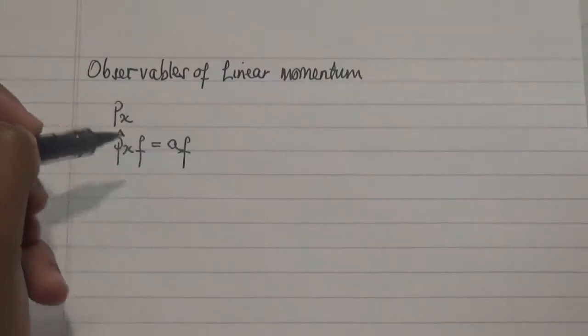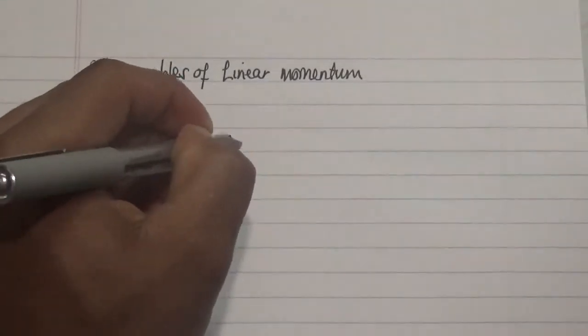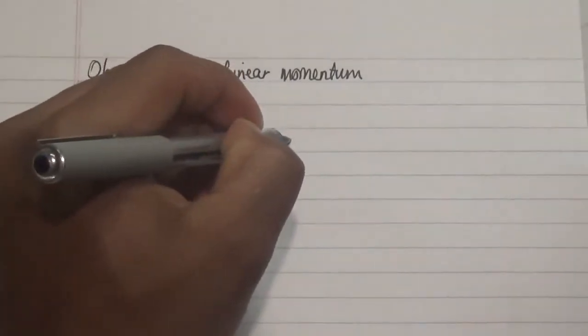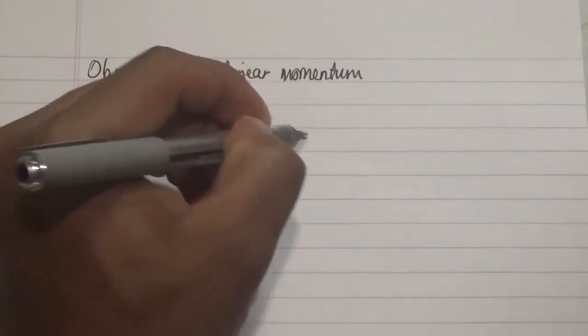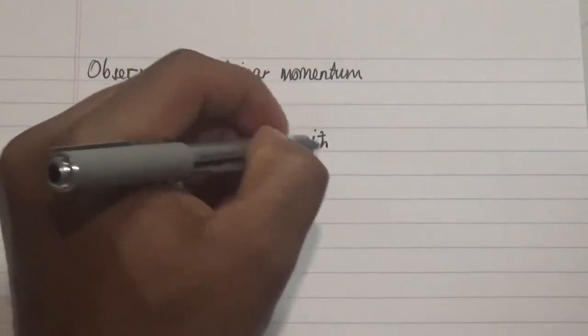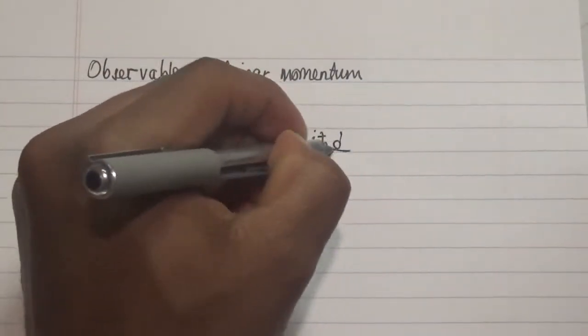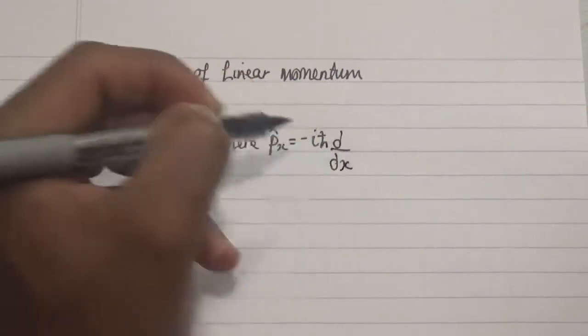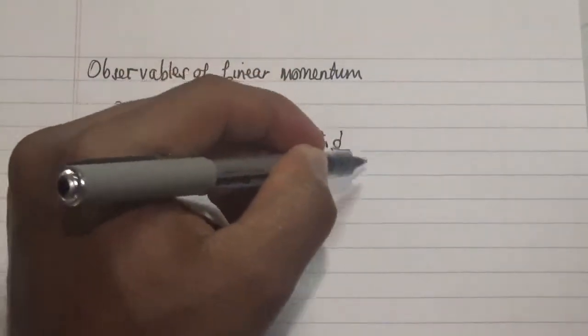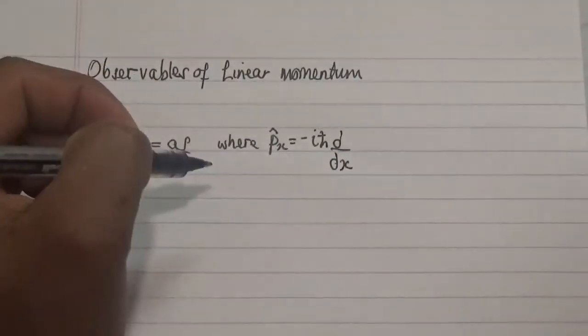That is what we should expect. Now, our operator, the linear momentum in the x coordinate, is equal to negative i multiplied by h bar multiplied by d over dx. This is the operator expression for our linear momentum.